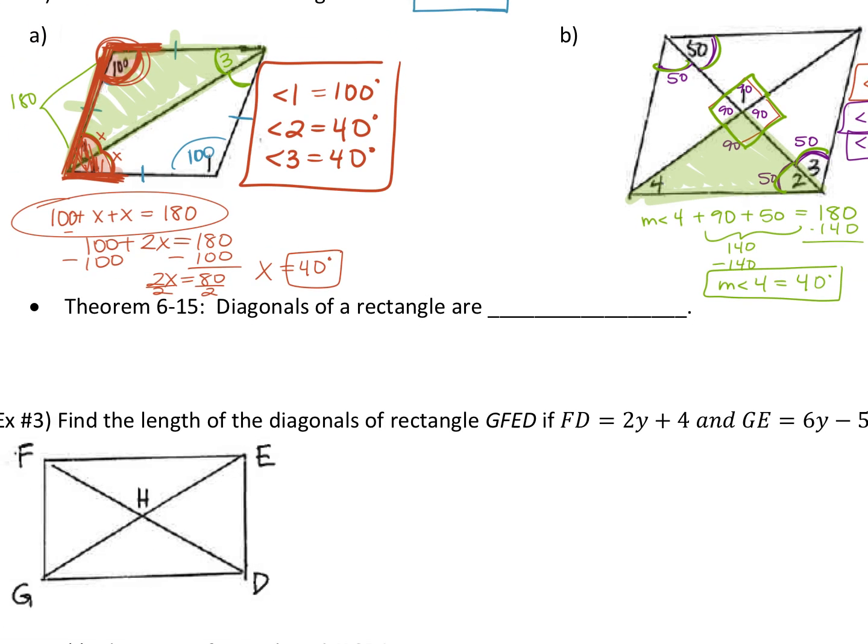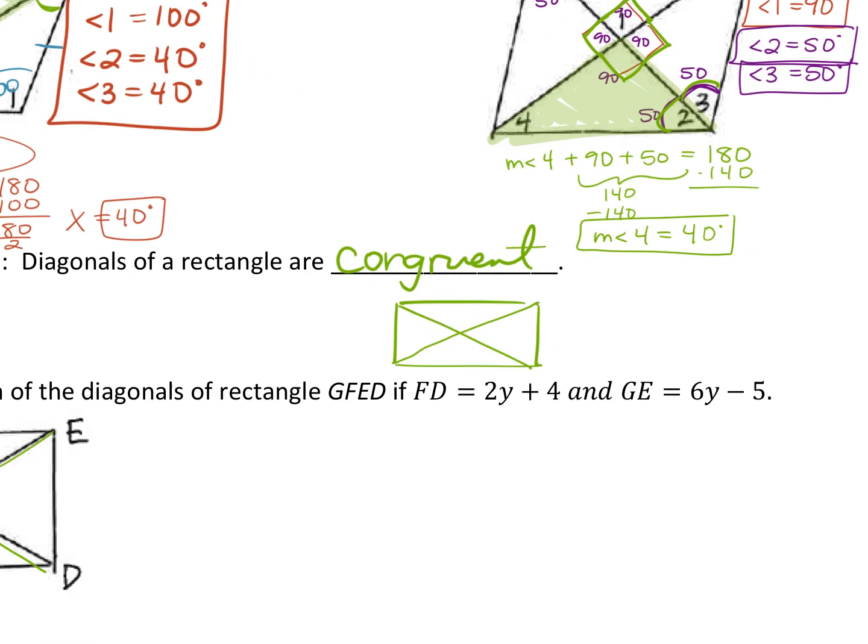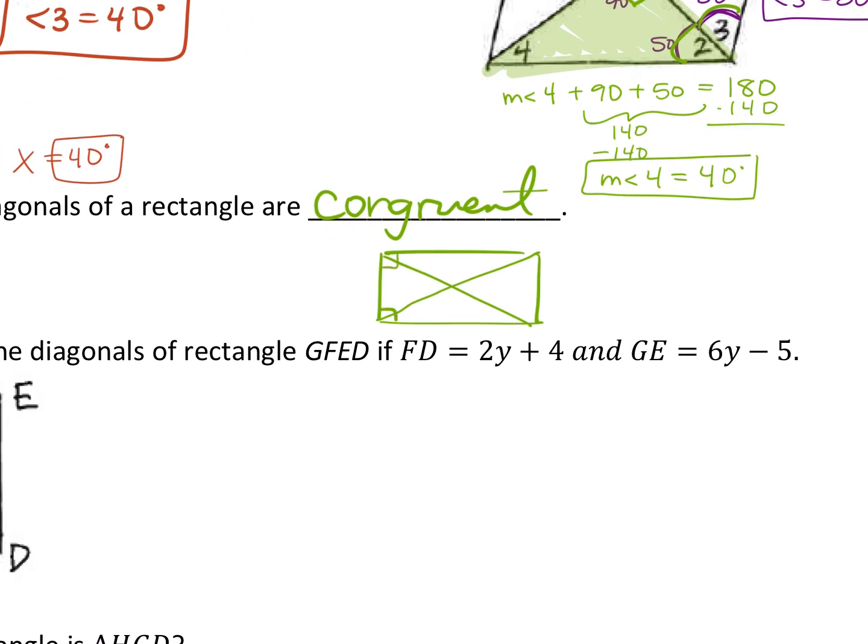The diagonals of a rectangle, though, do have something true about them. Any guesses what's true of FD and GE? They're the same. They're congruent. Okay? So the diagonals of a rectangle are congruent. So what that means is if I have a rectangle with the diagonals drawn in, this will be 90, 90, 90, and 90 because it's a rectangle.